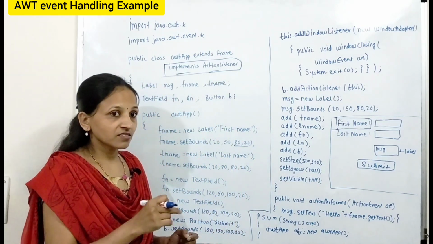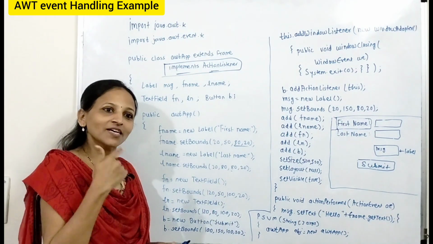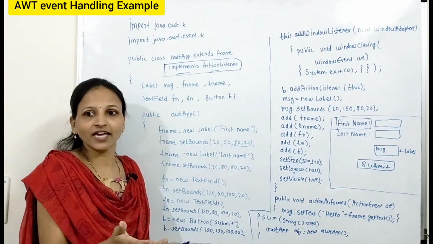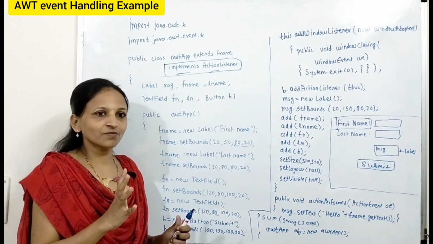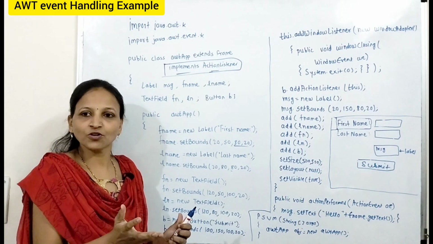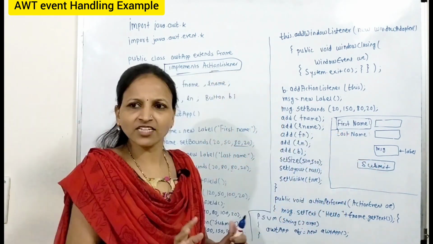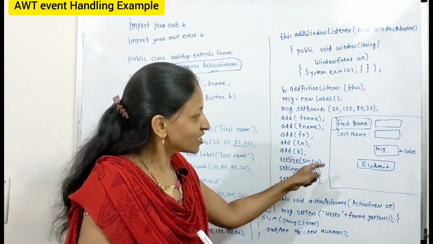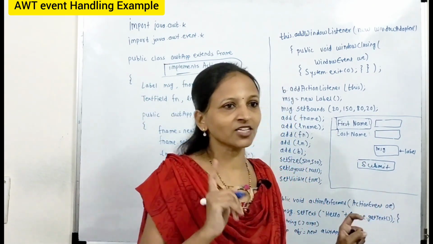This event should be listened to by someone, and that is nothing but a listener. A listener is always watching whether any event is occurring. Whenever we click on any button, the ActionListener is watching the buttons on that frame. For a button there is ActionListener.